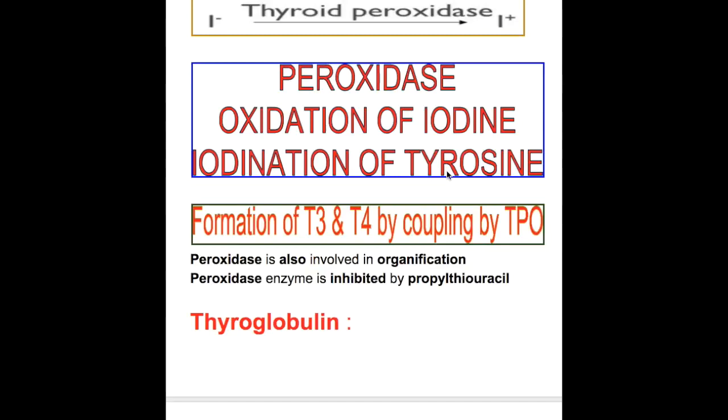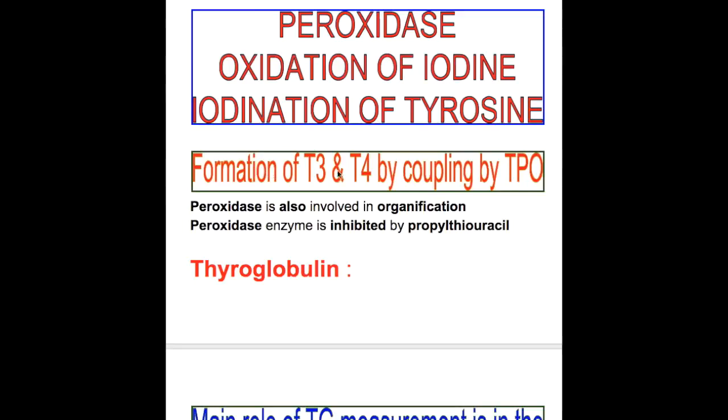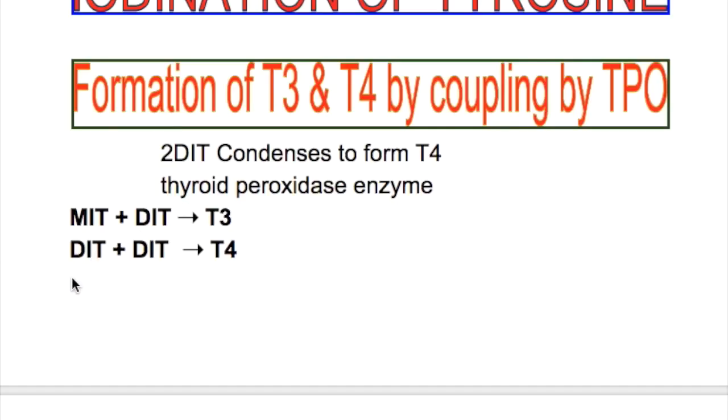Iodination of the tyrosine occurs in the follicle, and oxidation occurs in follicular cells. It is responsible for formation of T3 and T4 by coupling. So thyroid peroxidase is responsible for coupling of monoiodotyrosine (MIT) to diiodotyrosine (DIT) to form T3, and it also combines 2 diiodotyrosine molecules to form T4.